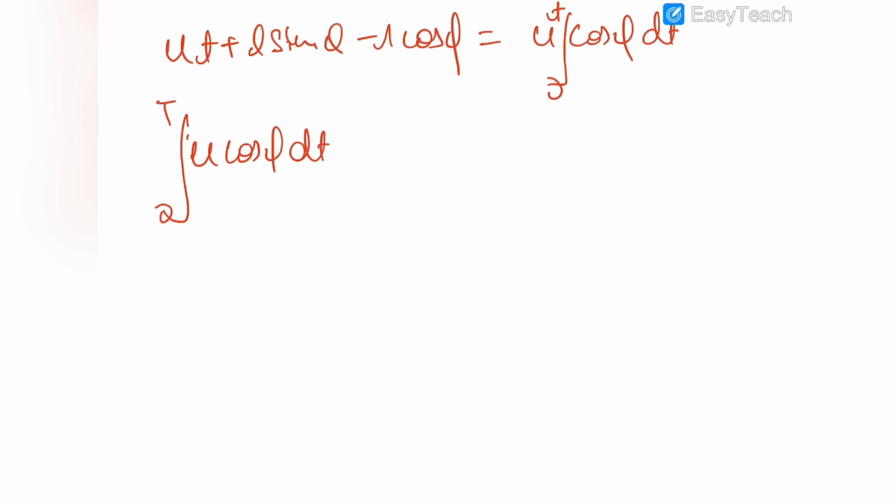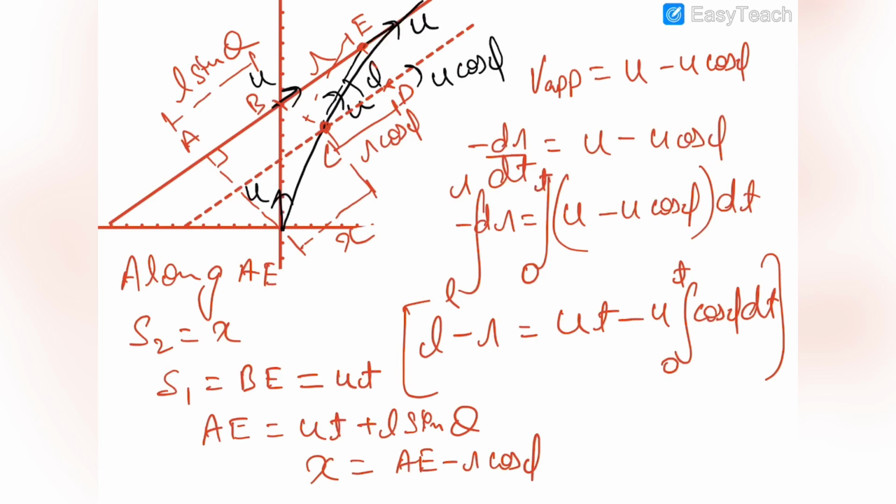So x is equal to the integral of U cos phi dt, with limits from 0 to t, small t, which is equal to Ut. Or we can just substitute this value completely in the equation which we have obtained already.